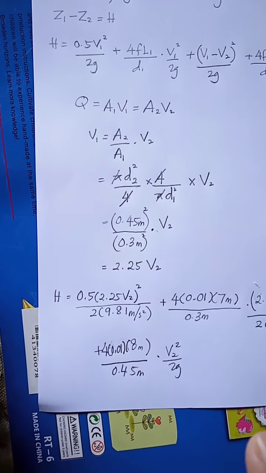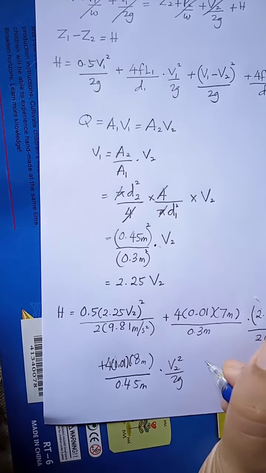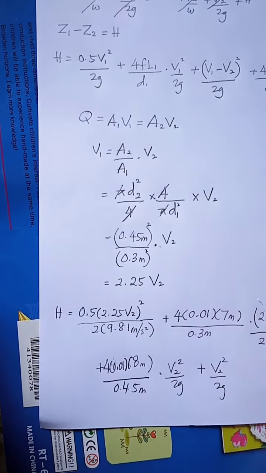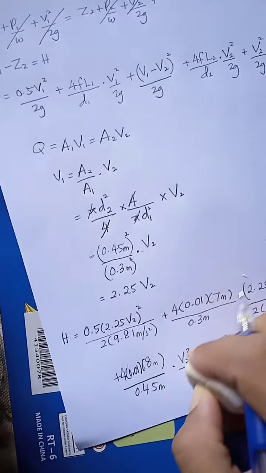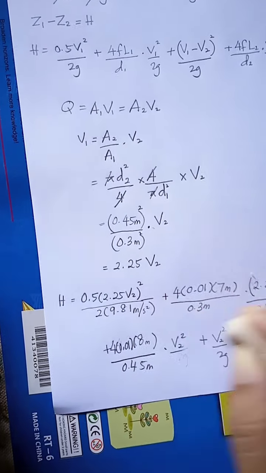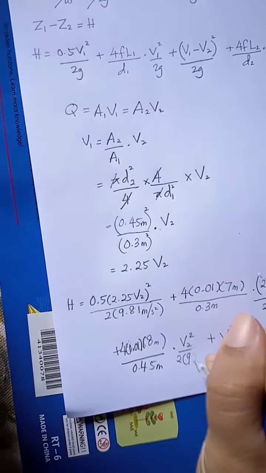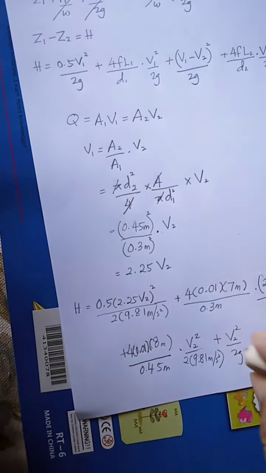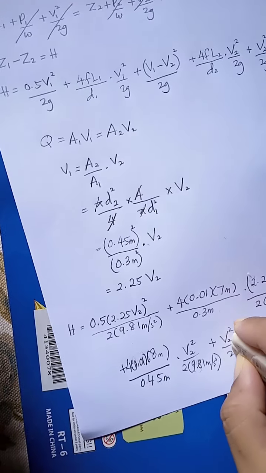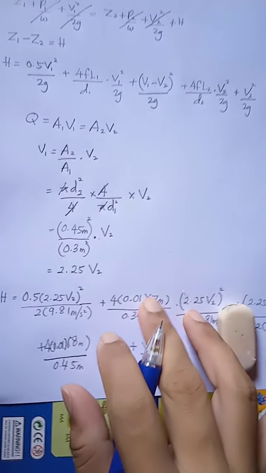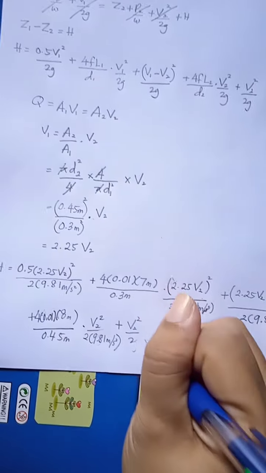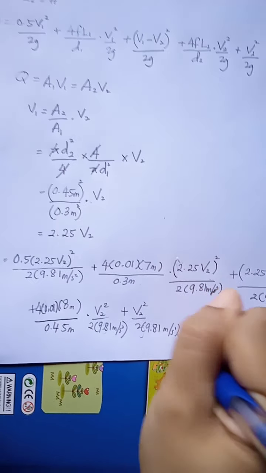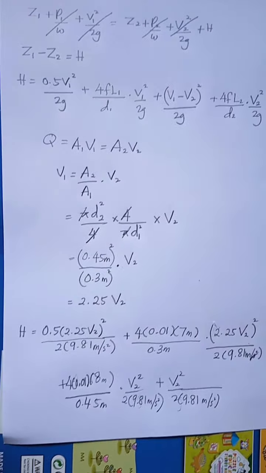Only change V1, not V2. Remain the V2, plus V2 squared over 2g, 2 times 9.81 meter per second squared.